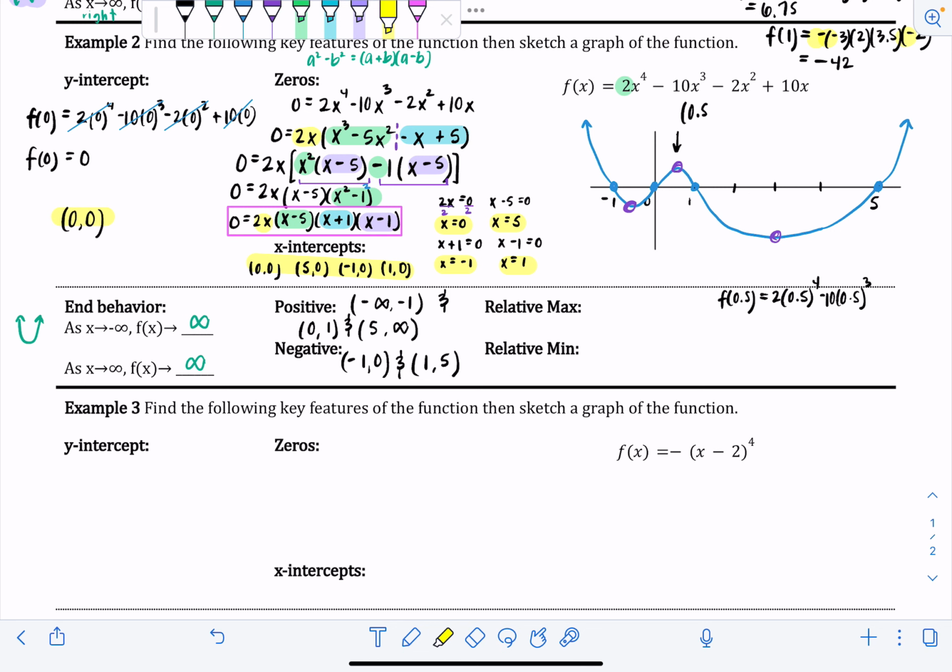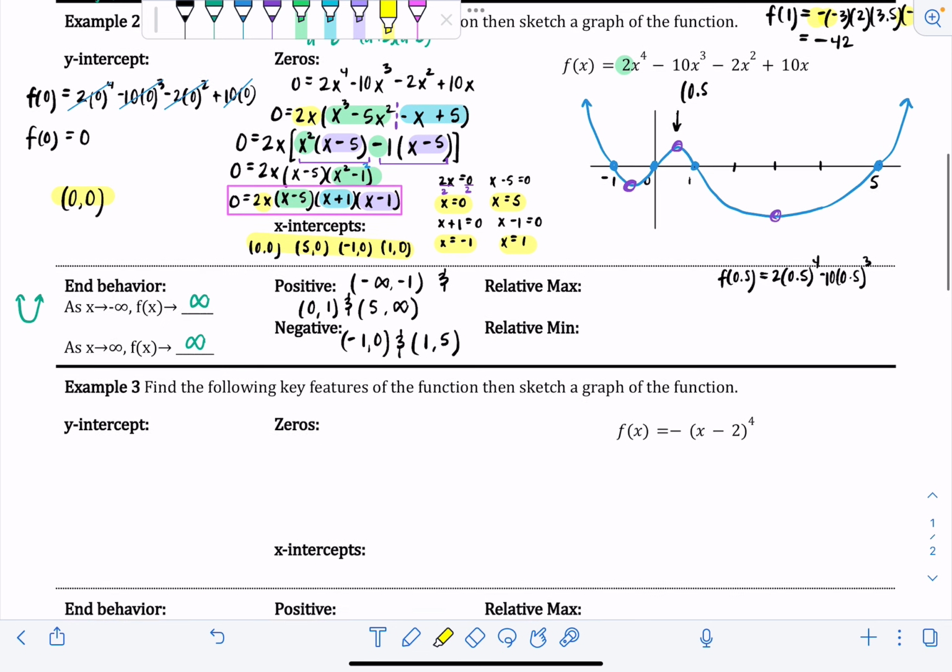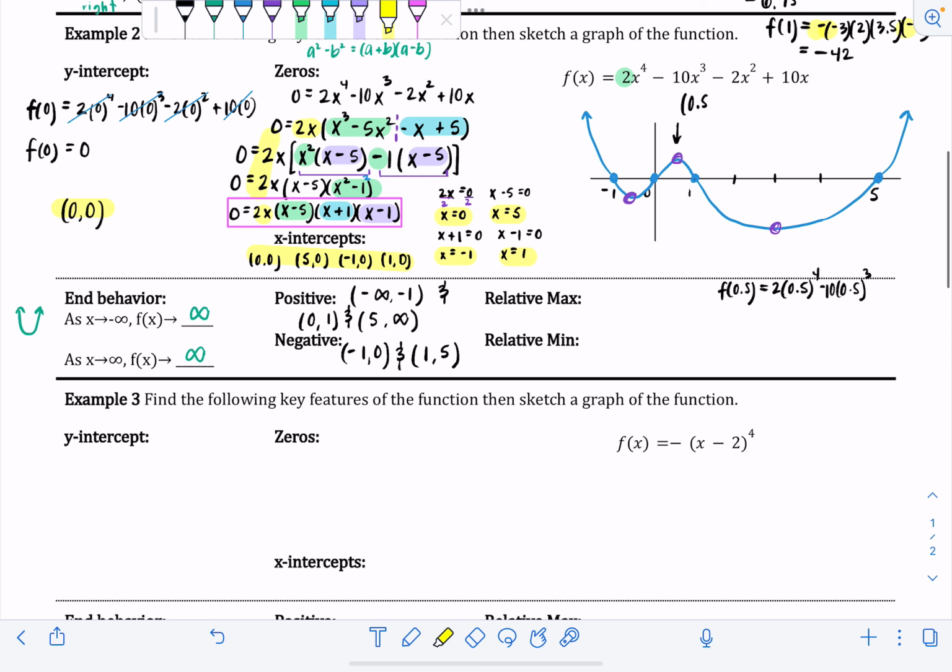I mean, you technically could. I don't know if it would save you any work. If I had divided out the 2, then we could no longer do that. And then for the next part, it's negative 2x squared, so 2 times 0.5 squared. And then the last is plus 10x, so 10 times 0.5.